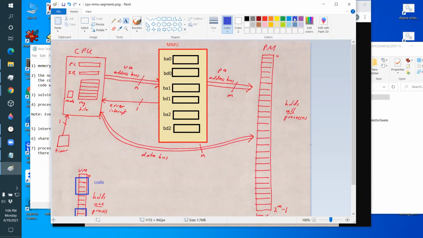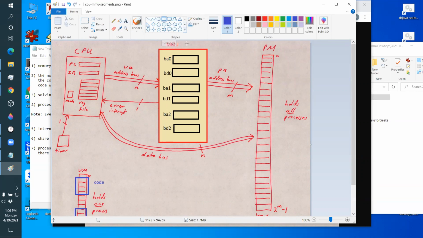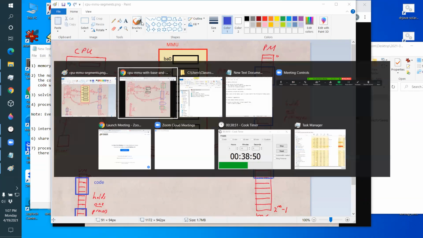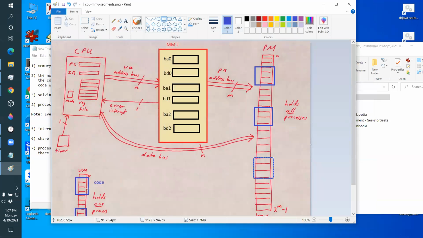So what it'll look like is over here, I'll put, say, code here. So for this process, I'll put the code here, put the stack maybe right there. Doesn't have to be with the code. I'll put these where I can find room for them. If there's externally fragmented memory, when it comes time to load this process, I'll look for a chunk that's big enough to hold its code.